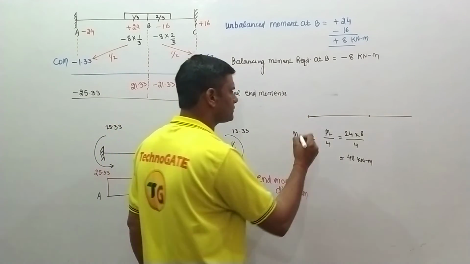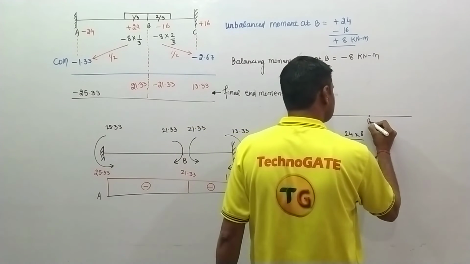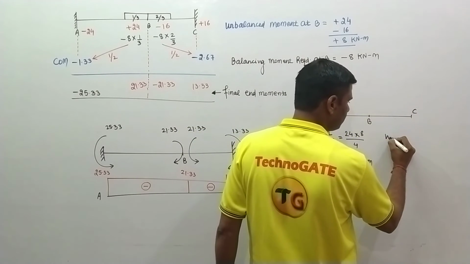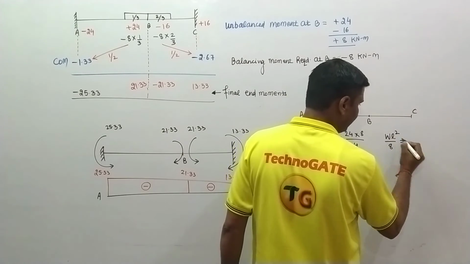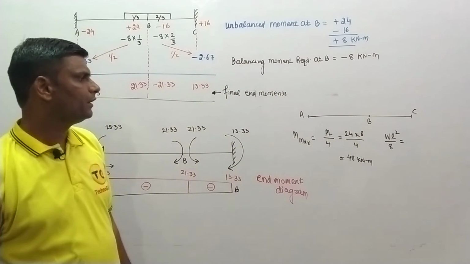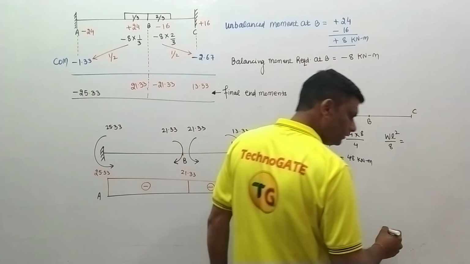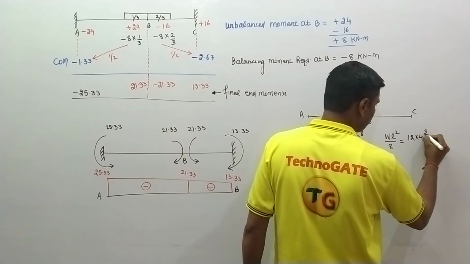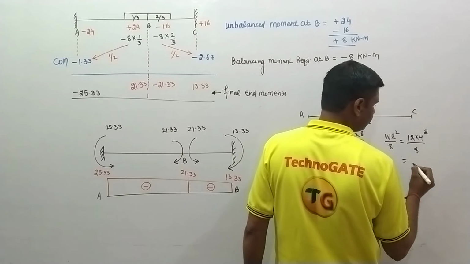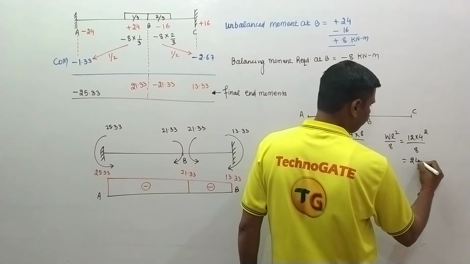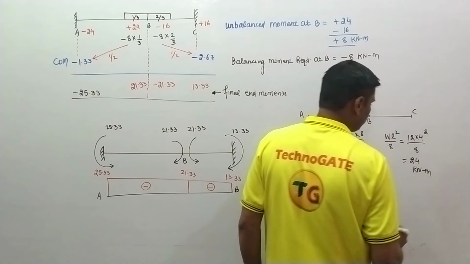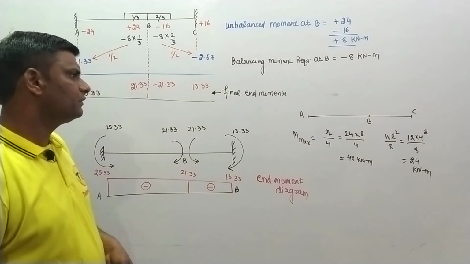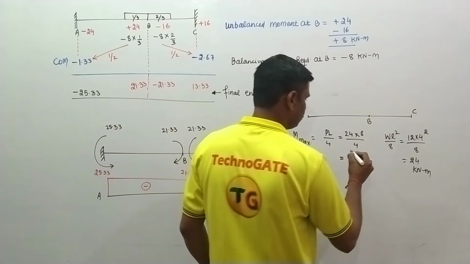In this particular span, this is A, this is B, this is C, M maximum is WL square by 8, W is 12, L is 4, 12 into 4 square divided by 8, so that is 24 kilonewton meter. This is parabolic variation and this is linear variation.